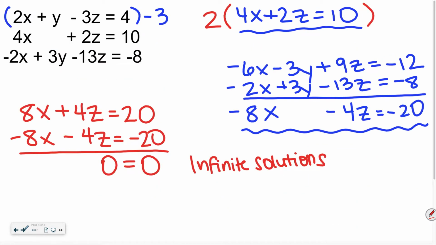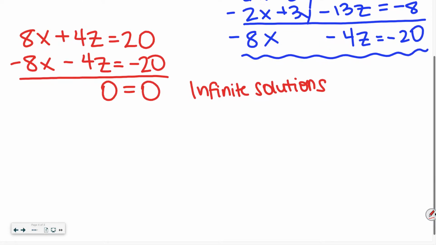We get to the point where we have infinite solutions and we know we have that line. What you are going to do is choose one of your variables to equal A. So I'm going to let Z equal A. It doesn't matter which one you choose.